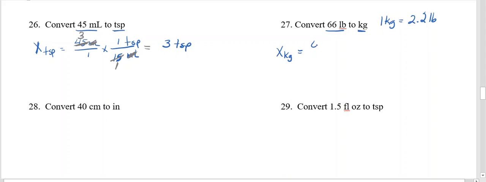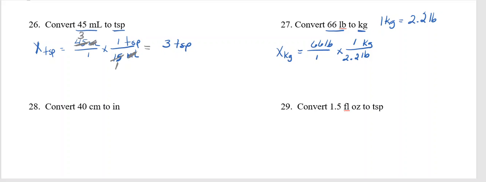I'm given the 66 pounds over 1 times, and then my pounds is on top, so pounds go on the bottom, and kilograms will go on top. Then my conversion, 1 kilogram, 2.2 pounds.